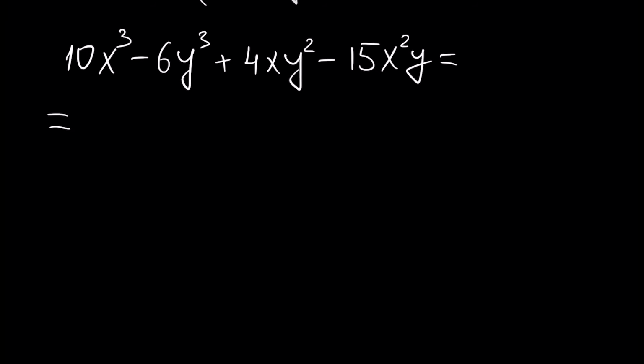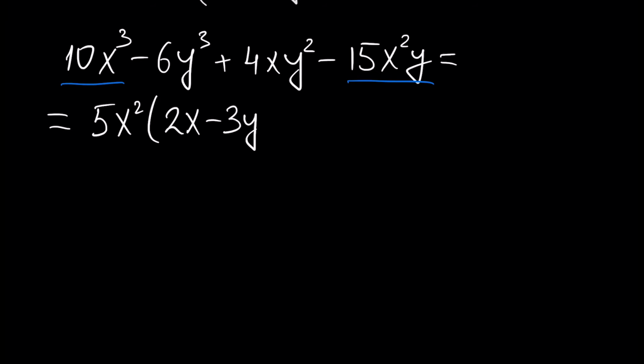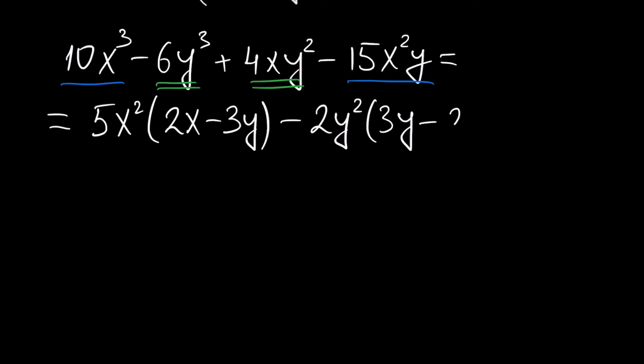We can take out, for these two terms of our polynomial, 5x squared, and we will have 2x minus 3y. For these two terms, we will take out 2y squared, and we will have 3y minus 2x.